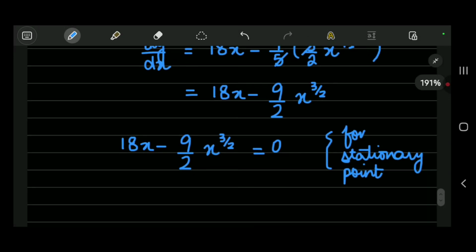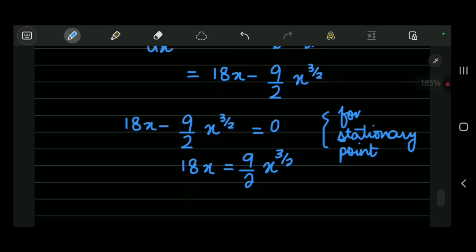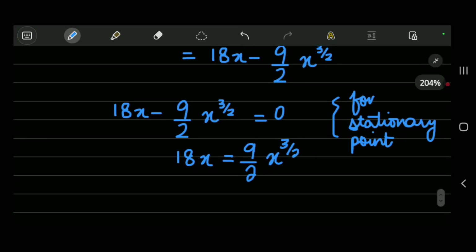So we will be getting it. How do we do it? You can equate this, 18x, we'll shift it to the other side, 9 over 2 x to the power 3 over 2. So you get x, 3 over 2 minus 1 is going to be 1 over 2.